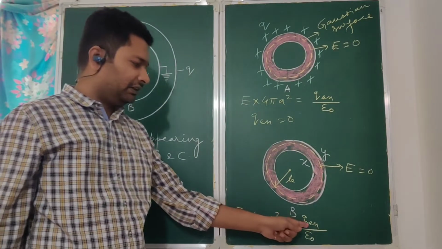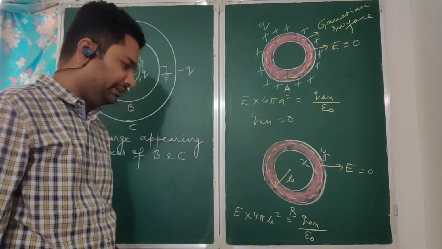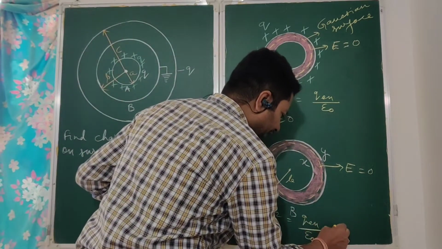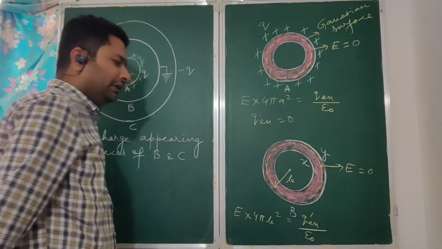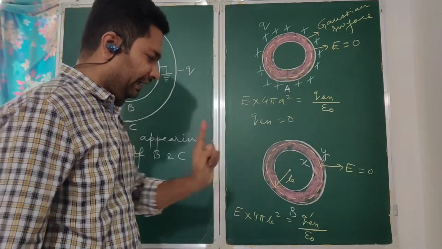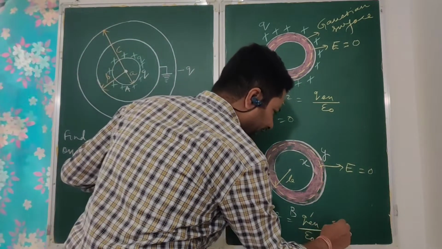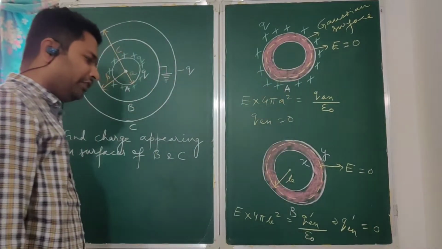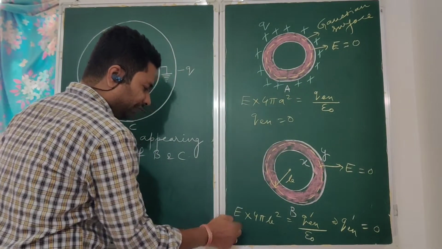This time it is the charge enclosed within b. So what is the electric field? 0. Let us say q enclosed dash, just to differentiate it from sphere A. What is q enclosed dash here? The net charge enclosed becomes 0, because the electric field here is 0.